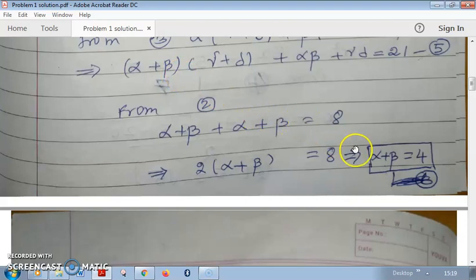Alpha plus beta is same as gamma plus delta. So if alpha plus beta is 4, gamma plus delta is also 4. So here you have the value of alpha plus beta and also gamma plus delta, and ultimately you will be getting alpha beta plus gamma delta's value.